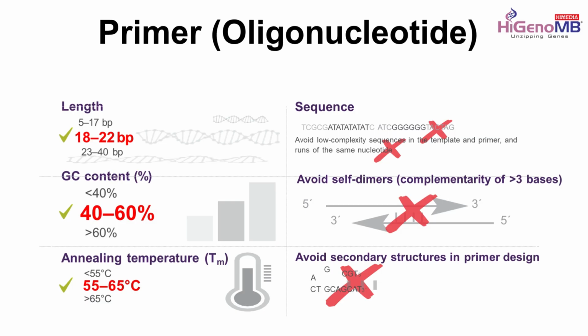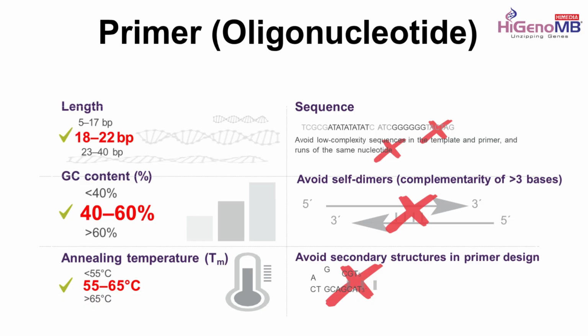So this is the next important component of PCR, which is called the primer. What are primers? Primers are a short stretch of nucleotides. If there are two nucleotides, we call it a dinucleotide. If there are three nucleotides, we call them trinucleotides.